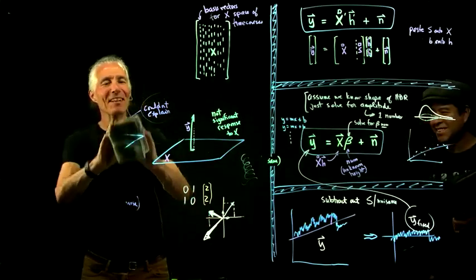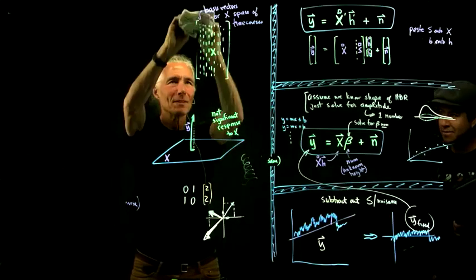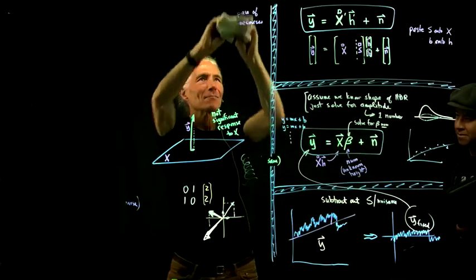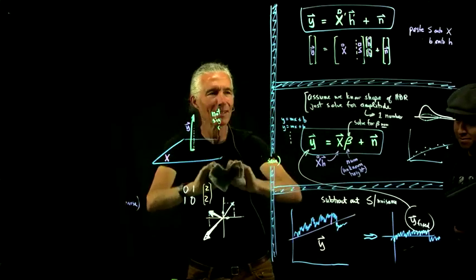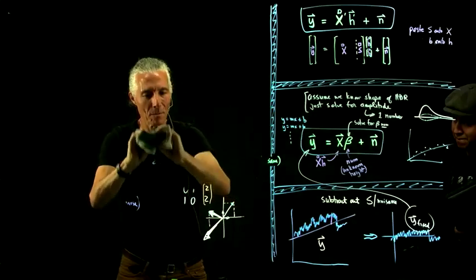Because if you're allowing the hemodynamic response function to be different for each presentation of the face, well then you've got a whole bunch of unknowns, and you're going to need more data. But people have done that.